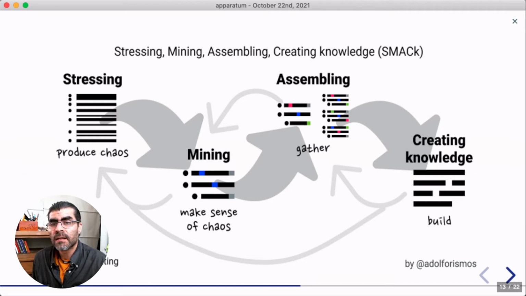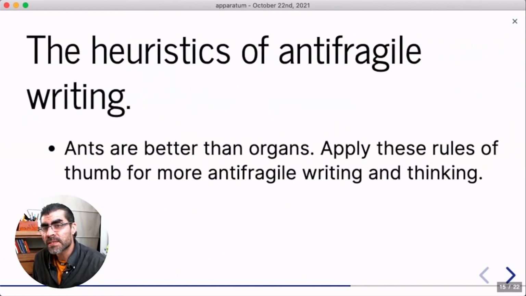The SMAC framework, which means stressing, the first part, mining, making sense of all the things that we produce, then assembling, and finally creating a very good article, or creating content, or even creating knowledge inside your same personal knowledge management app, and start again with the process.